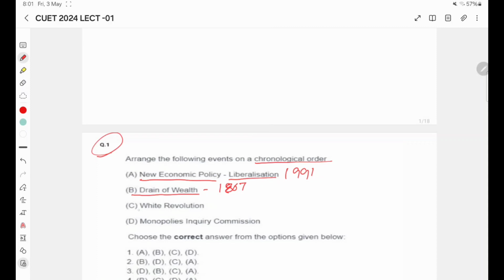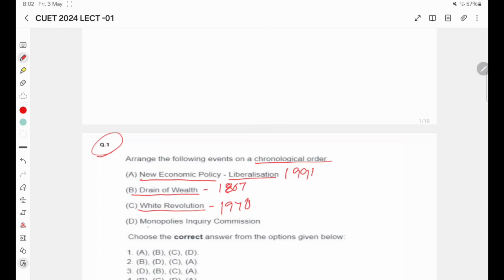Okay, so point number C is your white revolution, the different types of revolutions, agricultural revolutions in India. The white revolution, also known as Operation Flood, the father of the white revolution was Verghese Kurien, and this white revolution was introduced in the year 1970 to improve the milk production in India.